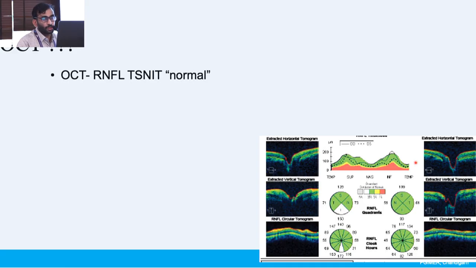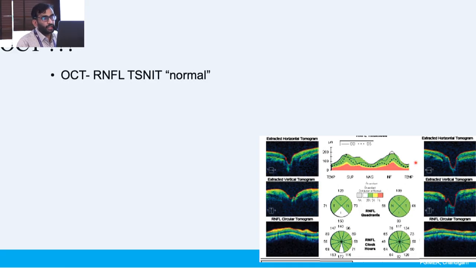Why did the OCT not pick up the lesion? Because, as I already mentioned, for that particular patient everything was crowded, and statistically the thickness fell within the normal region of the normative data. That's why the OCT labeled it as green, even though the disc appears glaucomatous, with evidence of high IOP and visual field changes also.